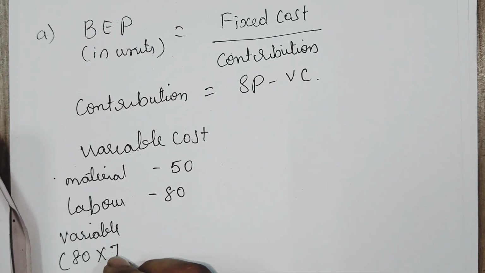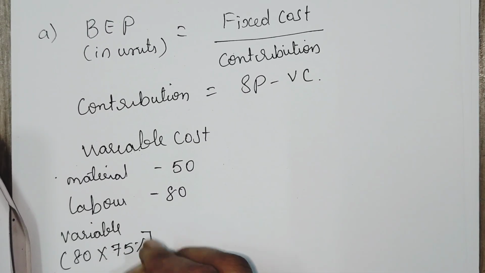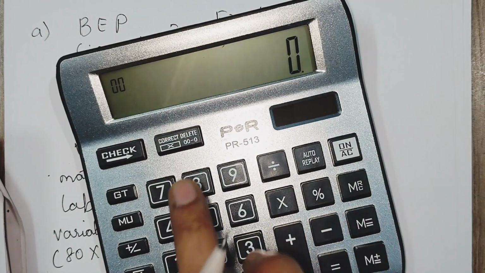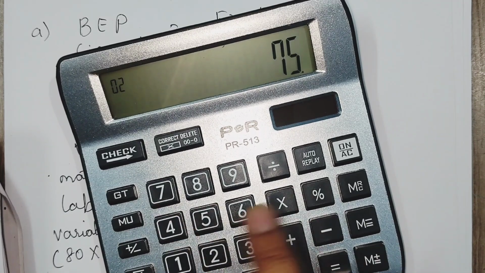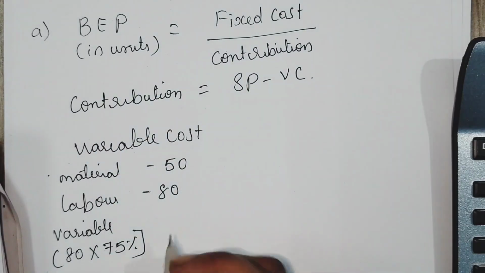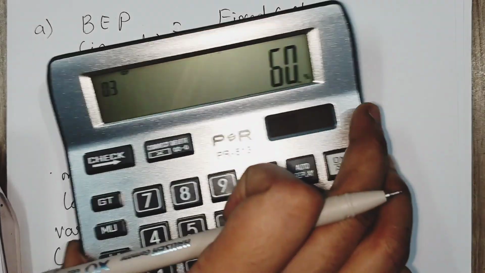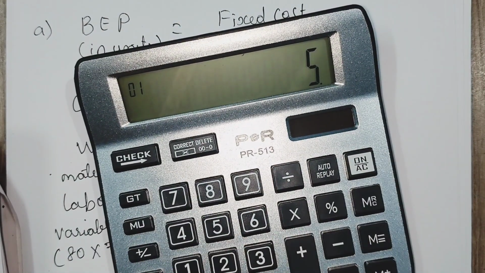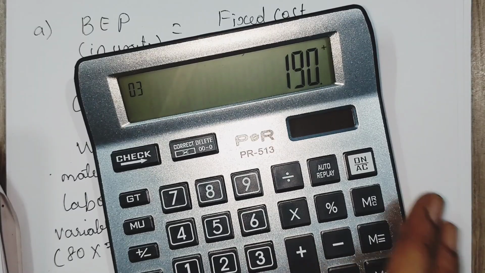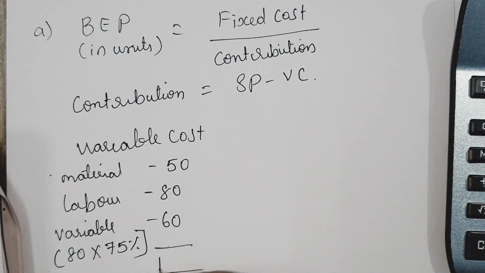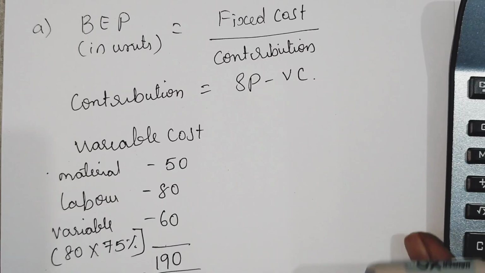On 80, 75%: 80 into 75% is 60. So total variable cost is 50 plus 80 plus 60, which is 190. That is the variable cost.